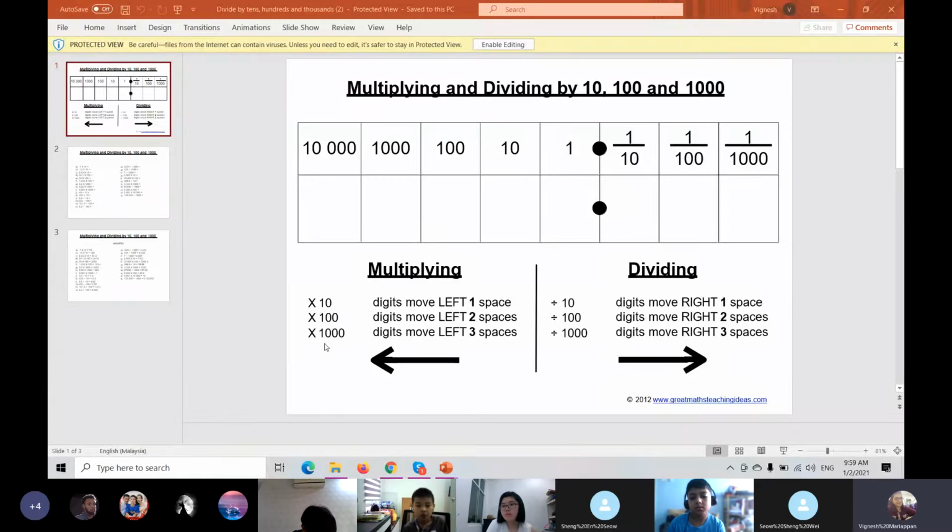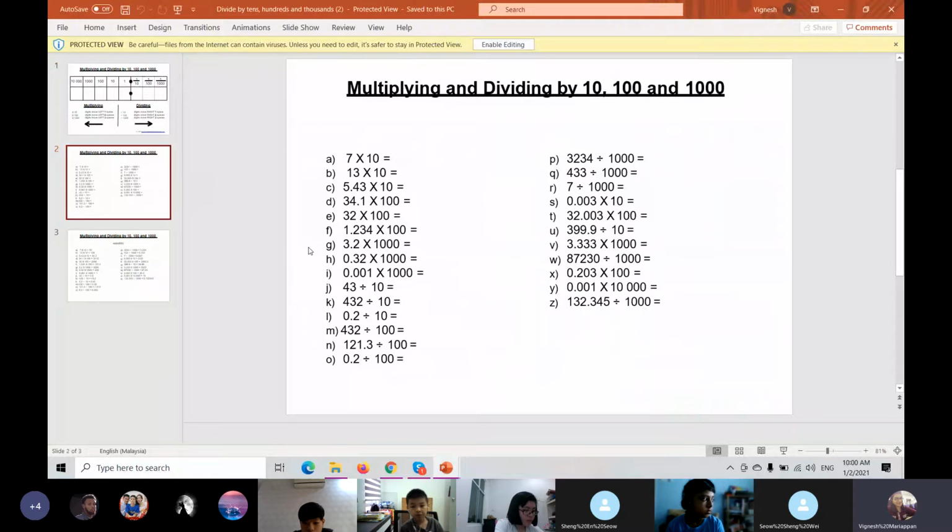And then for dividing also, just now in the box teacher said divide 10, you have to move in the box 1 space, 100 2 spaces, and then for 1000 3 spaces. Okay, never mind, we try to do the questions so easy. This one is mixed with the multiplying and dividing, so easy for you all to recall the previous topics also.